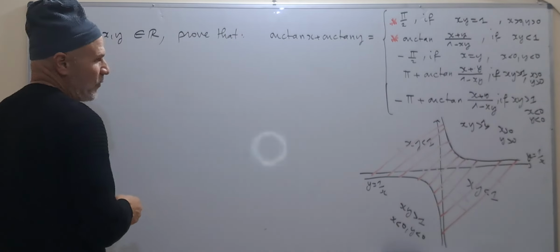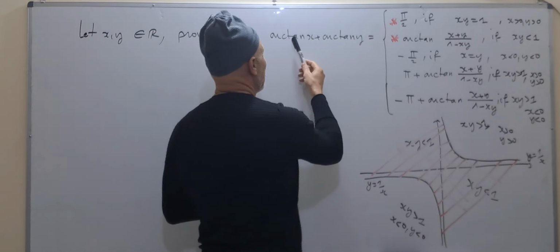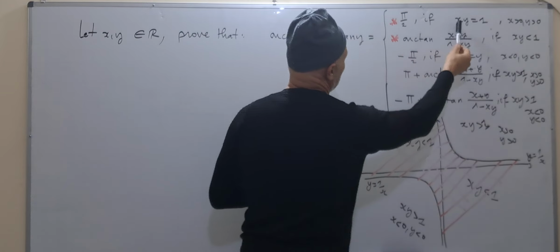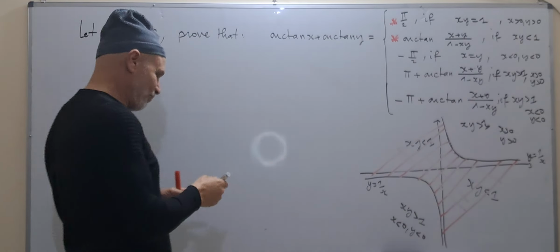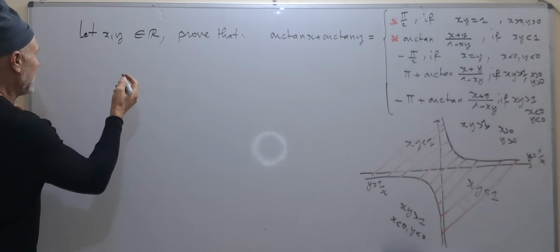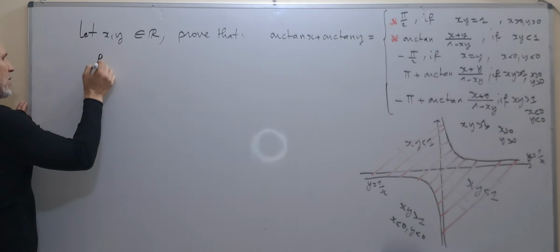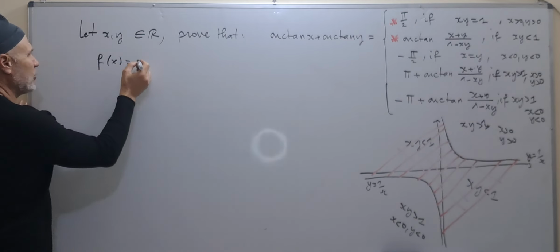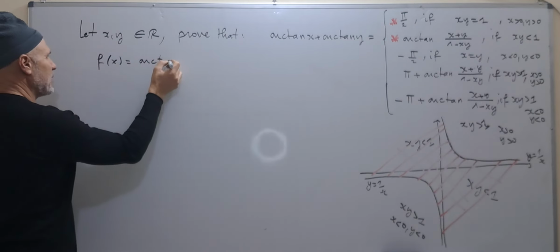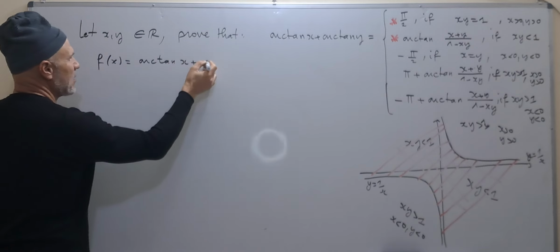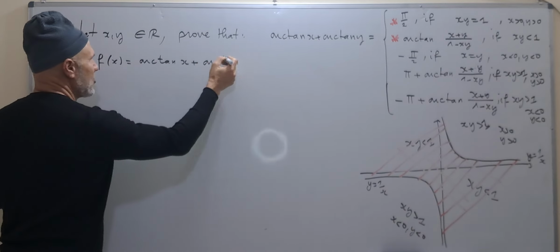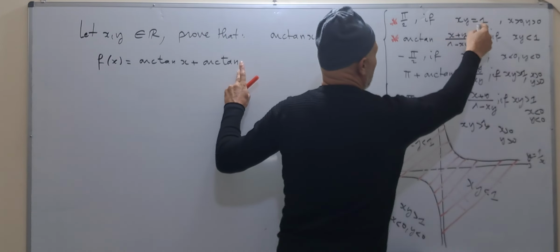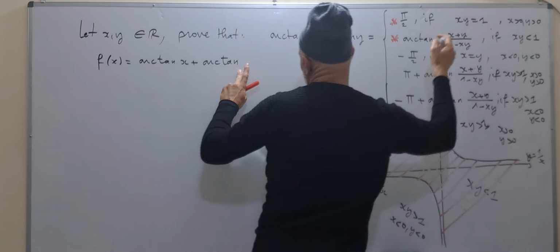Let us start by the first one. We prove that arctangent x plus arctangent y is equal to pi over 2 if xy is equal to 1. Let us consider in this case f of x, which is equal to arctangent x plus arctangent y, but we are in this situation, xy equals 1, so y equals 1 over x.